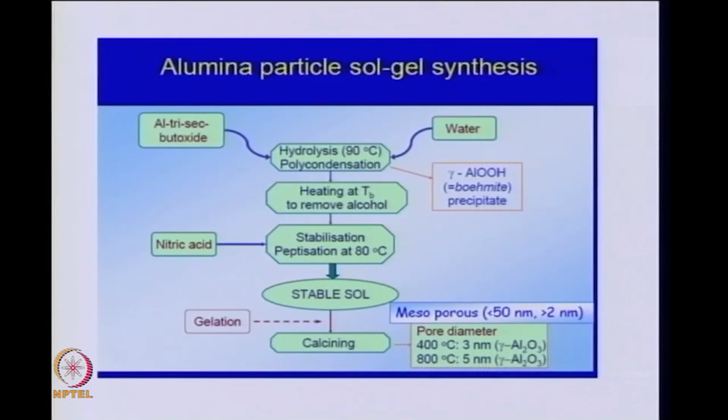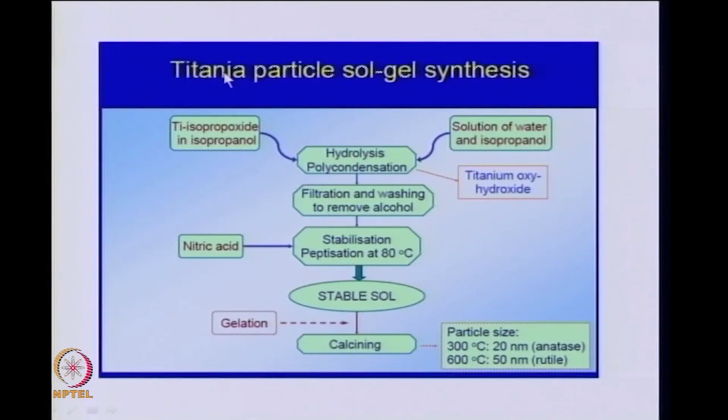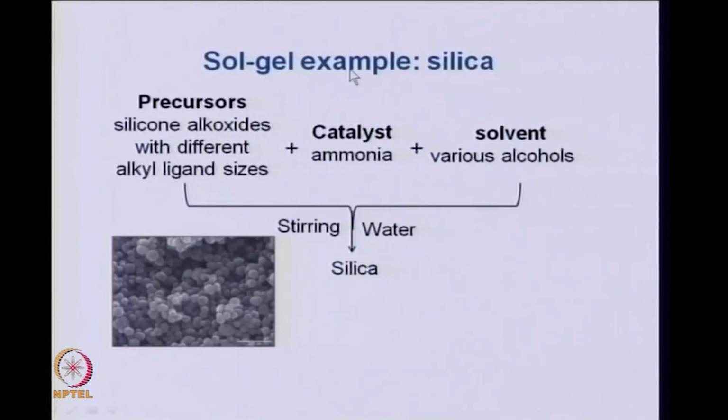So, we looked at alumina synthesis and then titania synthesis, and then this is an example of silica, which is again a very important nanostructured material for many applications.